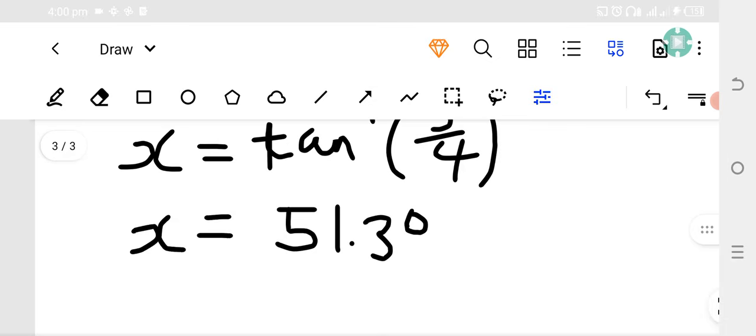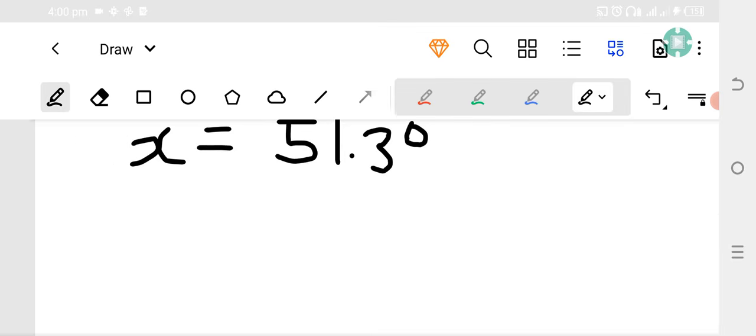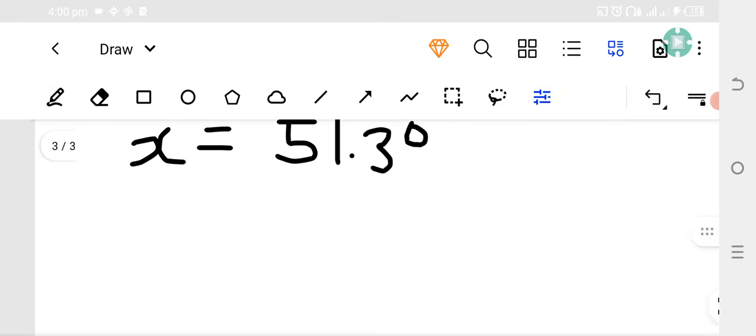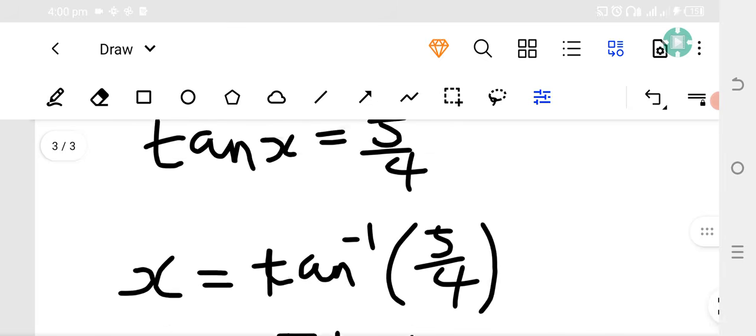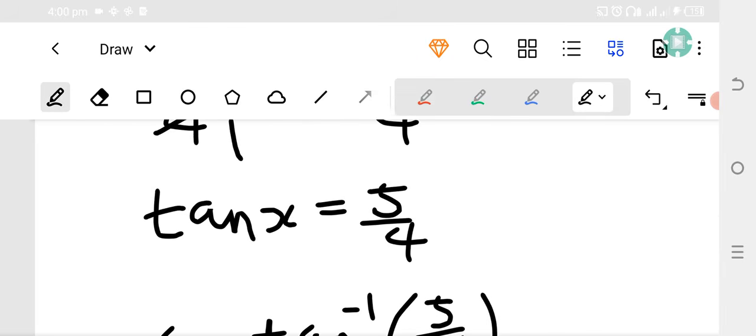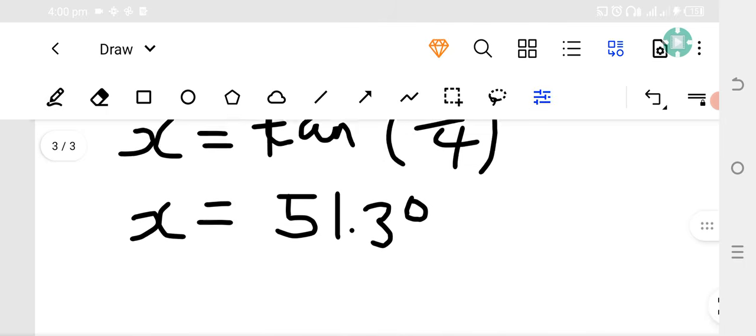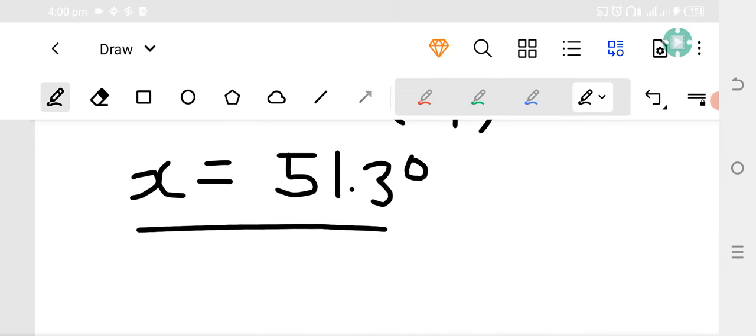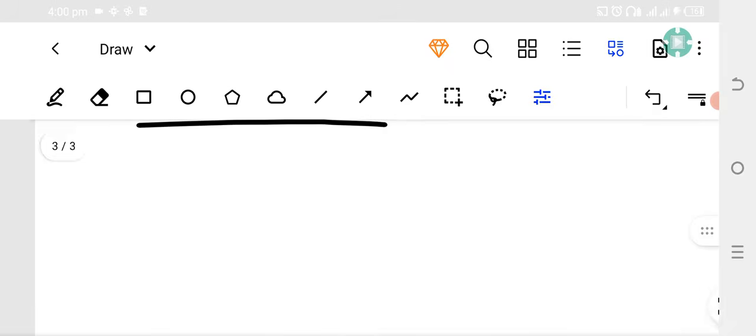So we are considering all the angles. Since the answer that we found was positive, it's in the first quadrant, and here the sign that is here was positive. So because the sign that is there is positive, we are going to consider this as part of our solution set.